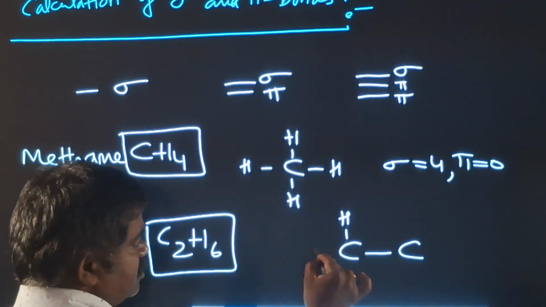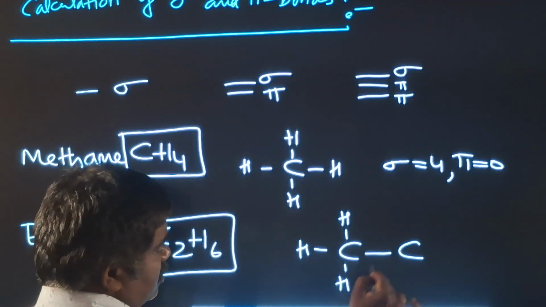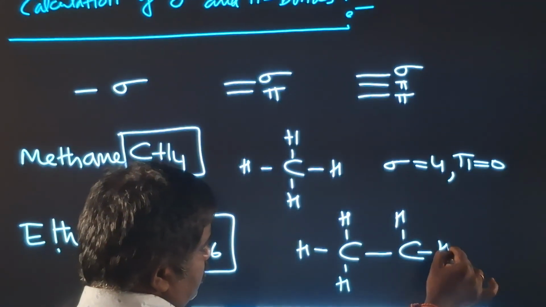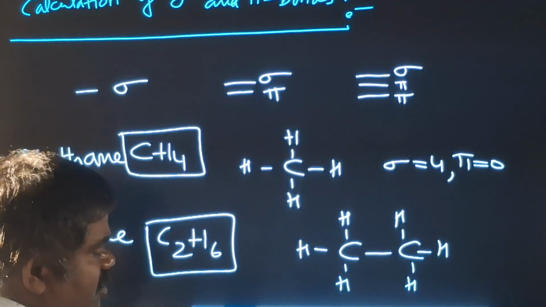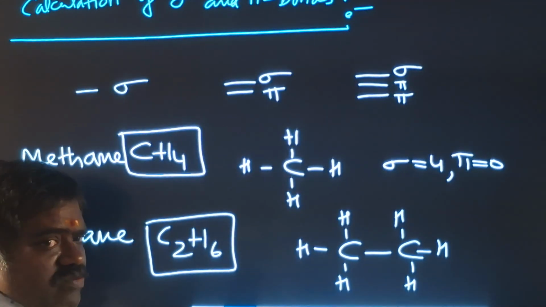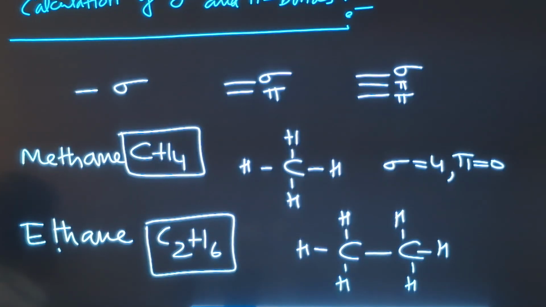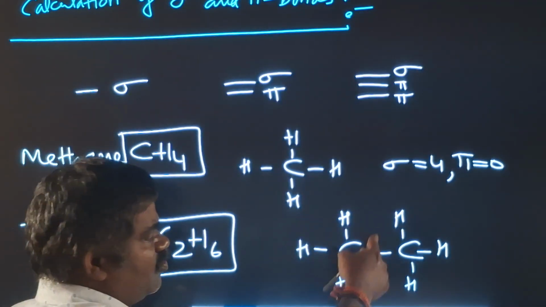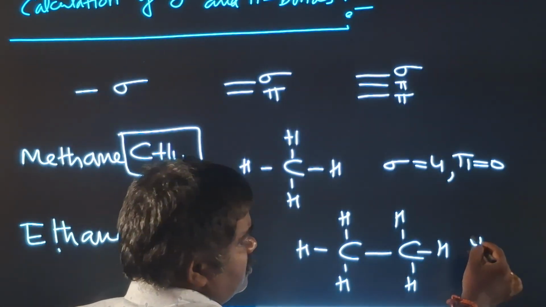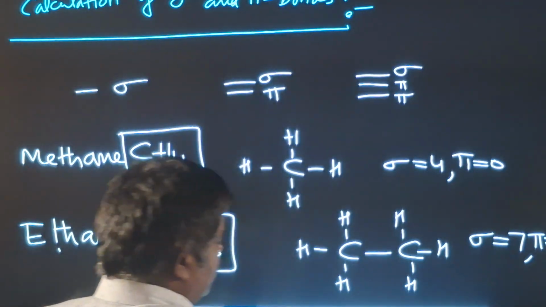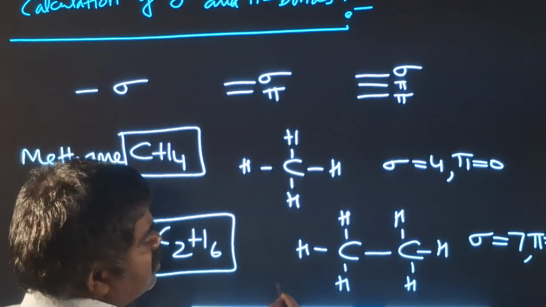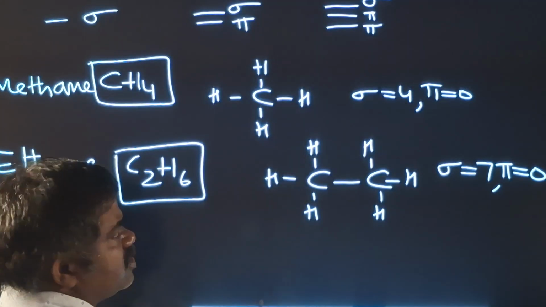Write H, H and H, and here H, H and H. So how many sigma bonds are present in the compound? Sigma bonds: 1, 2, 3, 4, 5, 6, 7. So 7 sigma bonds and 0 pi bonds. Understood? There is no double bond, so pi bonds are 0.